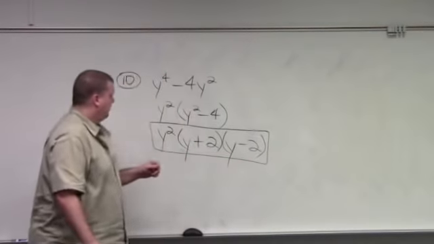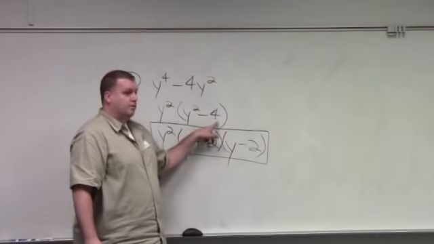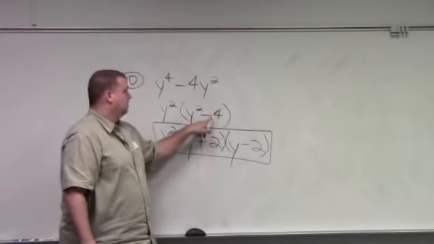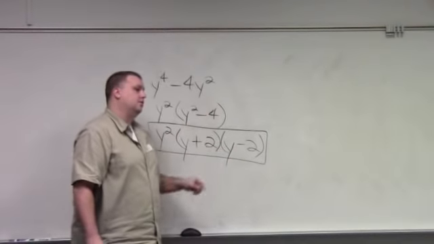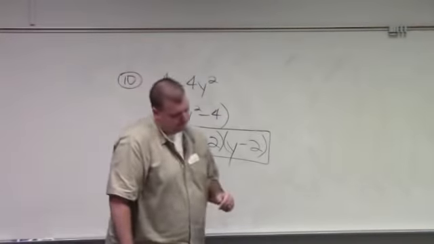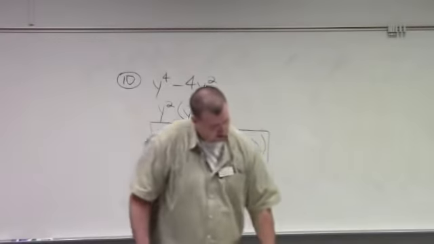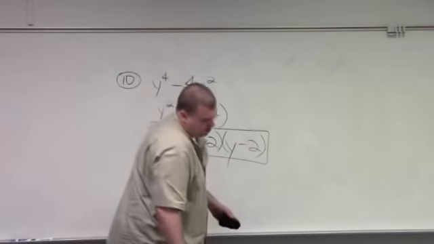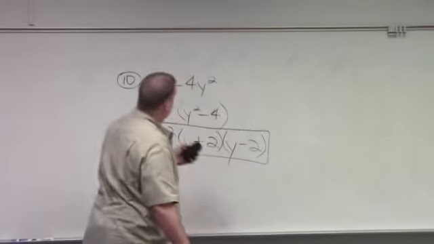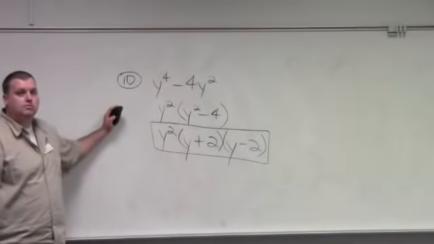The 4 turns into 2 because we're taking the square root, the square root of 4. Because 4 is considered a perfect square because 2 times 2 is 4. All right, everybody good on number 10?